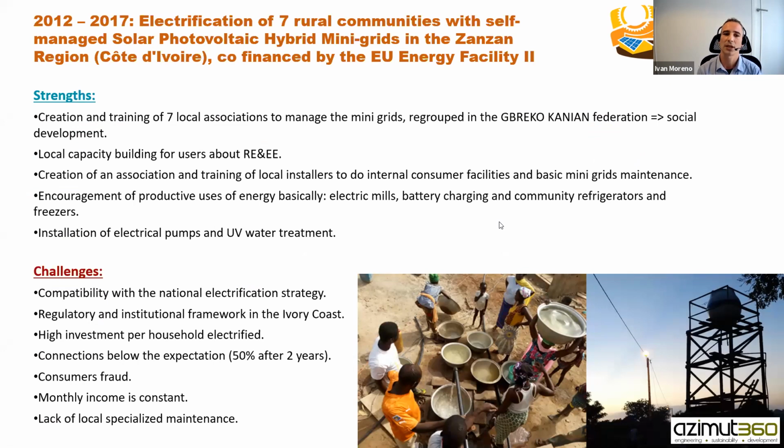The regulatory and institutional framework is always tough in many places. The high investment per household electrified is important in this case. After 2 years, the connections were below expectation, only 50%. Also, consumer fraud is a challenge. There is always a kind of fraud.